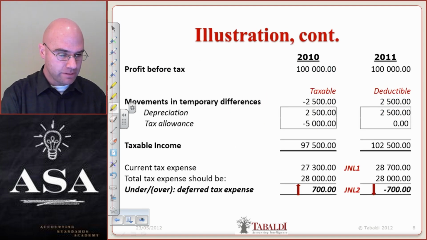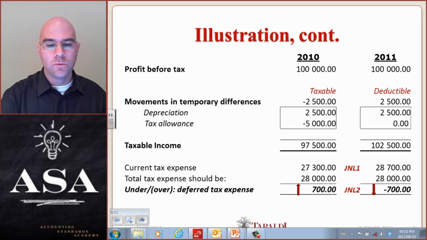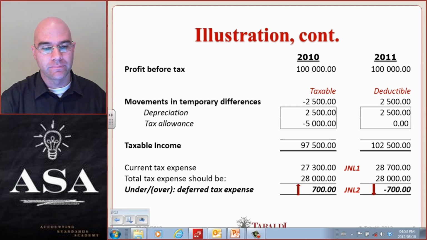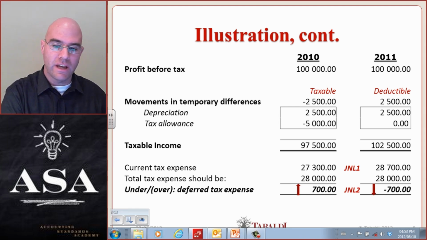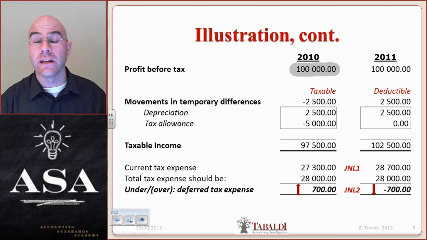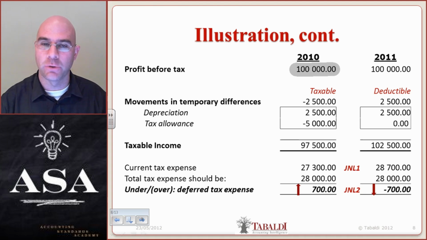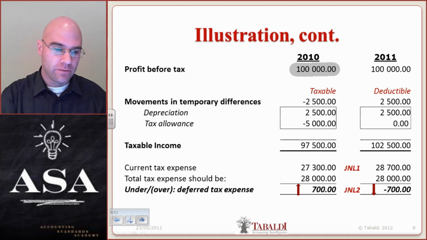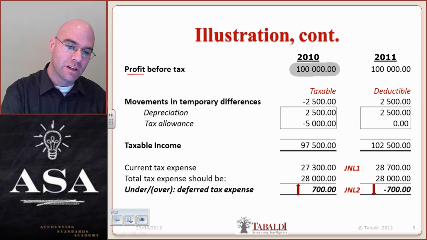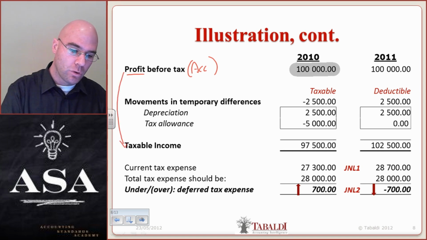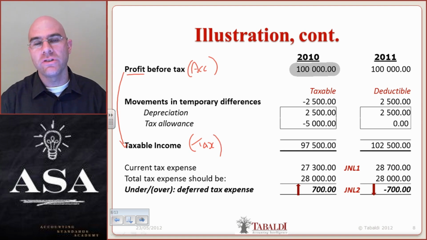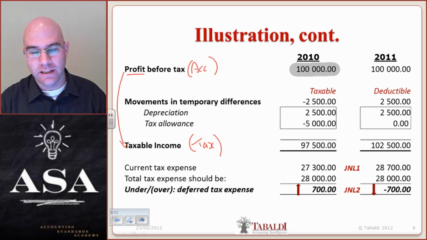So let's continue with this little illustration. The illustration now moves towards my current tax computation. Current tax computation starts with profit before tax, and in 2010 that figure was given as 100,000 Rand. Remember that profit before tax already incorporates the accounting depreciation. So to get from profit before tax, which is an accounting figure, down to taxable income, which is a tax figure, we need to reverse out any accounting expenses that are different to the tax expenses.